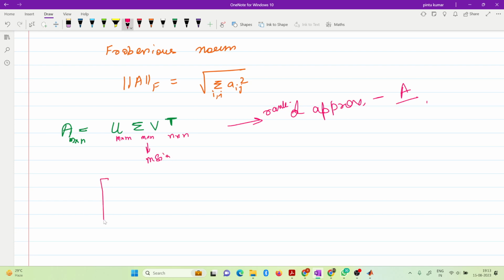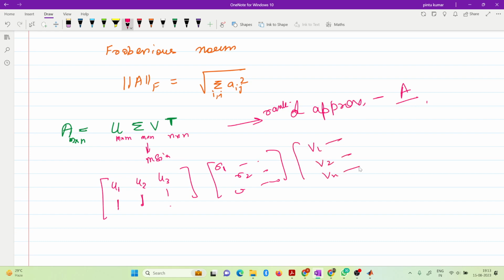So you have some U1, U2, U3, and so on, and you have some sigma 1, sigma 2, and so on. And here also you have V1, V2.